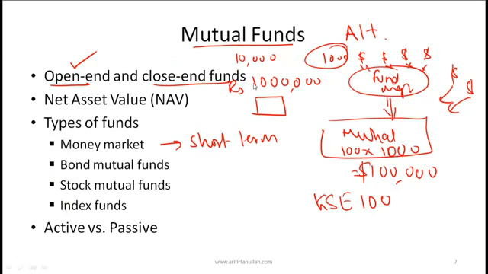Now with a closed-end fund, the fund issues these shares, and then once these shares have been issued, no new shares are issued. That means additional funds are not accepted. So this is a closed-end fund, because once the 10,000 shares are issued, no new shares are issued.